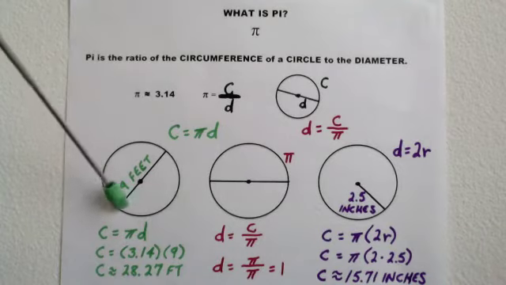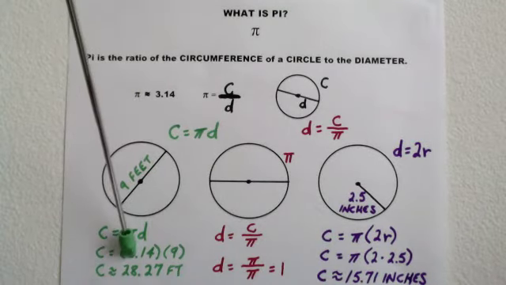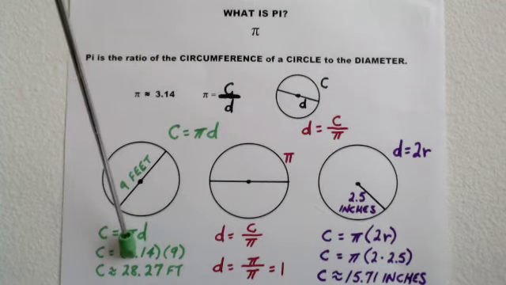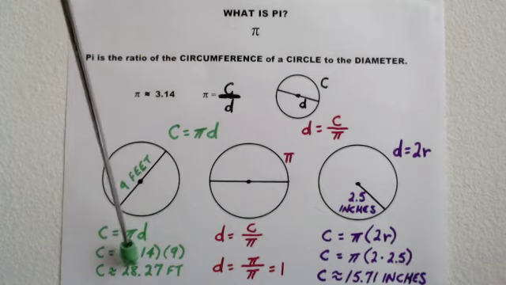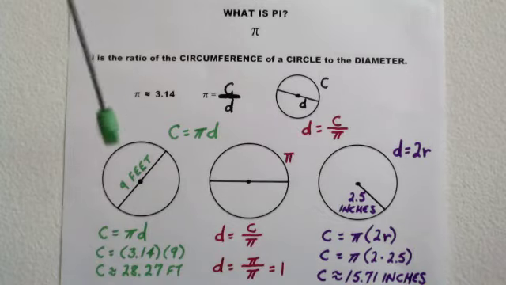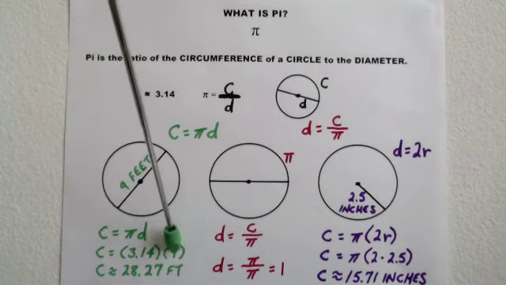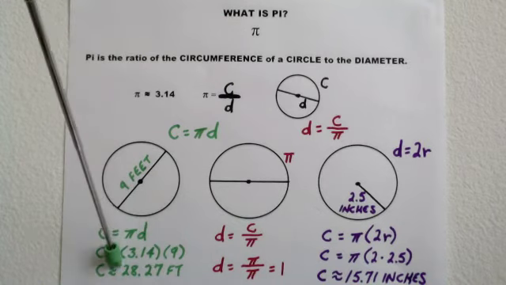So the diameter is 9 feet. 9 times 3 is 27, and it's a little more than 3 times the diameter. So this looks about right. If you have a calculator with pi on it, you would multiply pi times 9 to get a more accurate number.